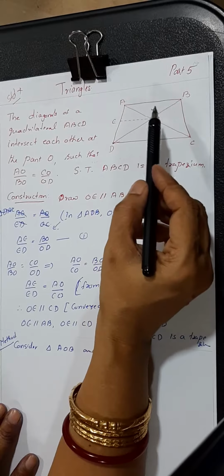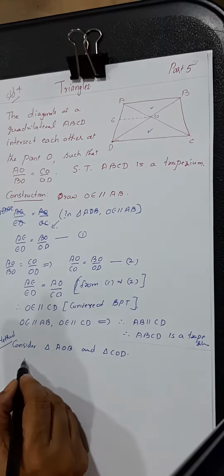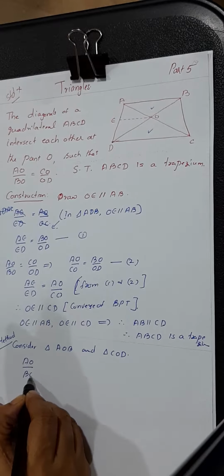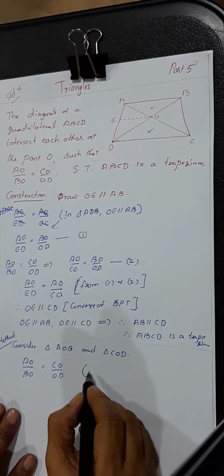AO by BO is equal to CO by OD is already given.